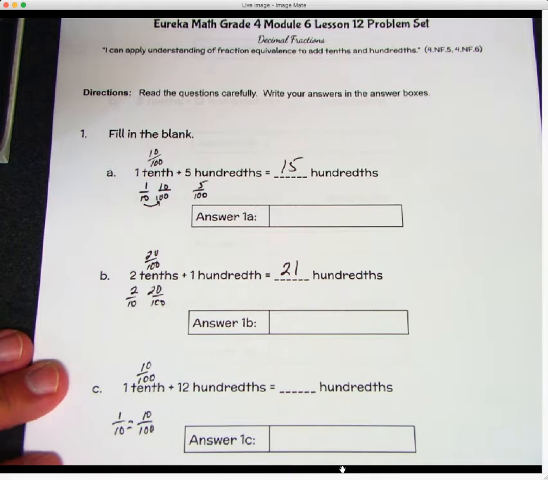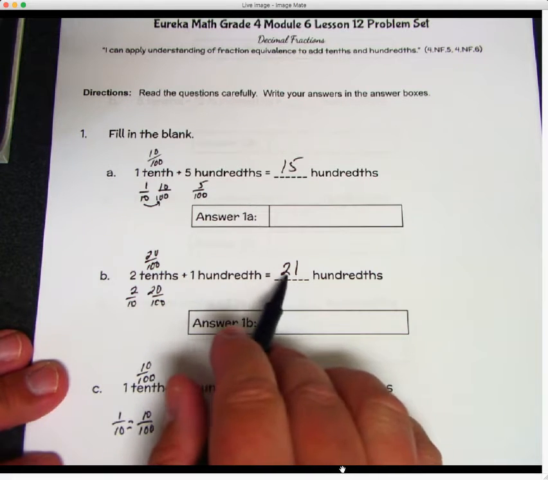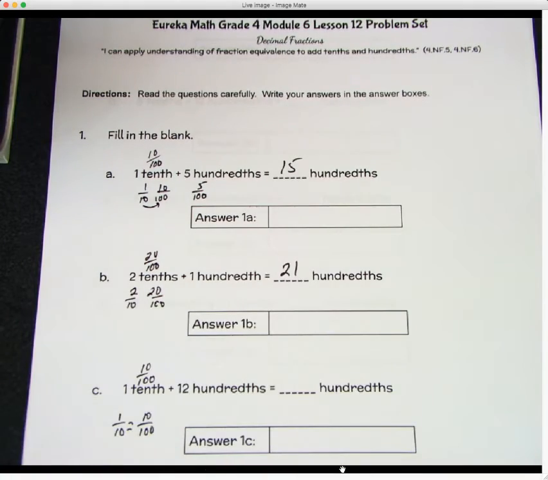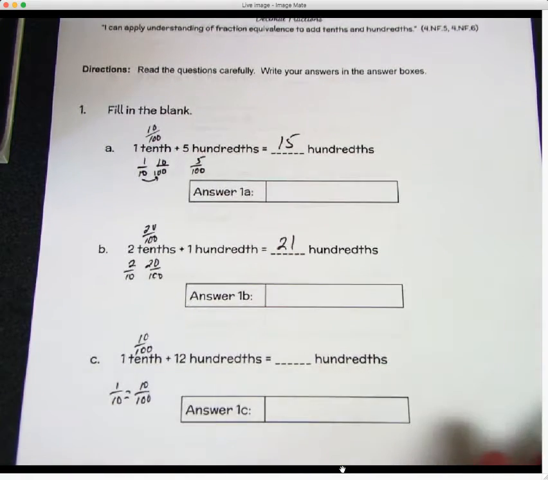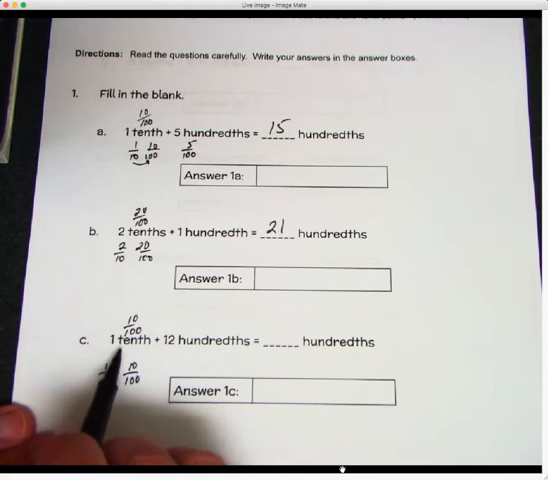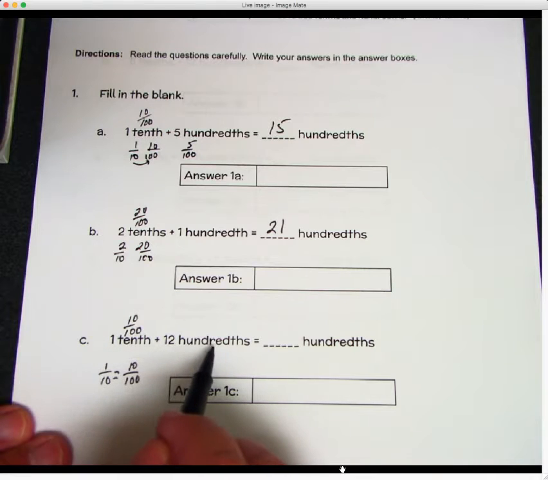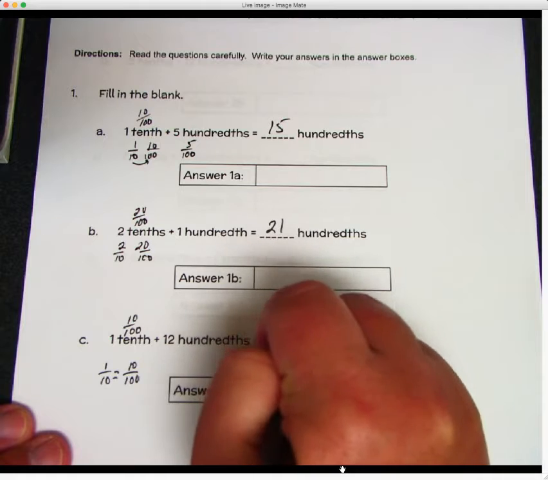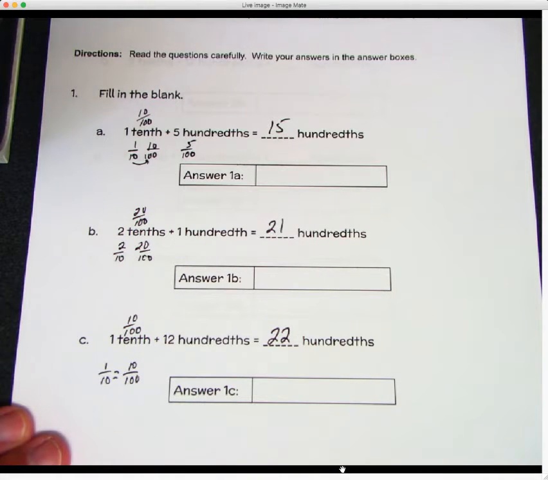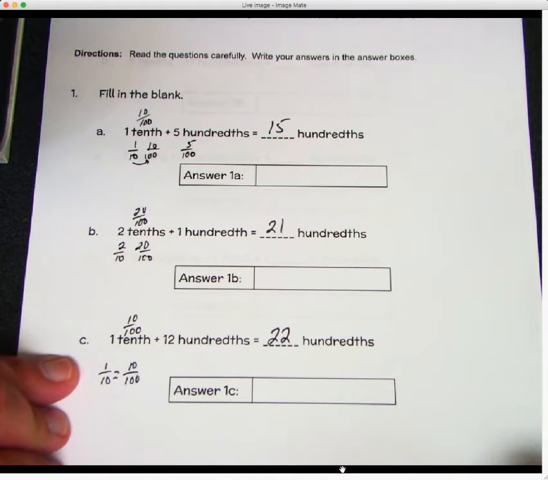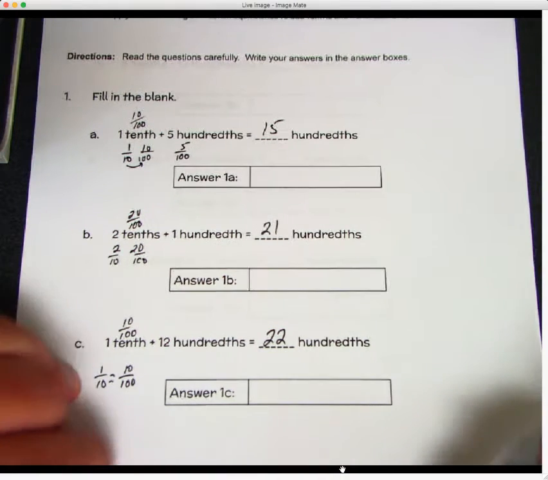On your assignment today, make sure you just put the number. Don't put like 21 over 100 because it already has the word hundredth there for you. If I have 10 100ths and I add 12 100ths, 10 plus 12 is 22 hundredths. That's pretty simple, isn't it? Just convert the tenths to hundredths and then add them.